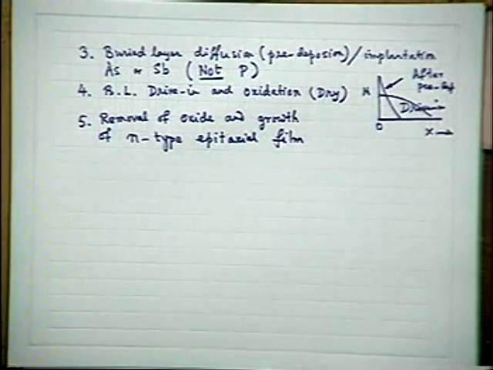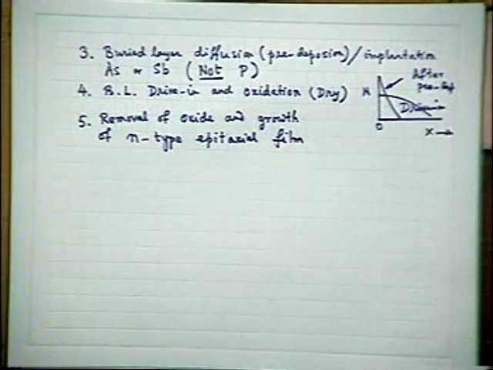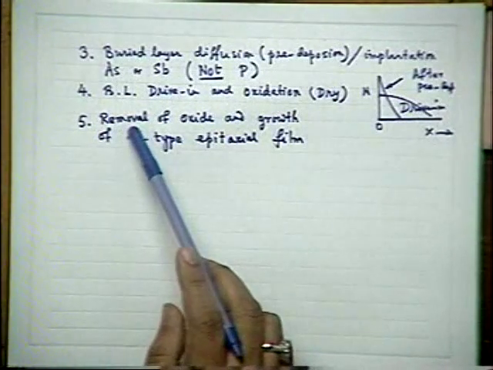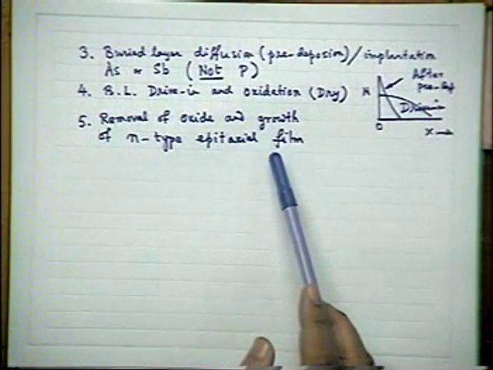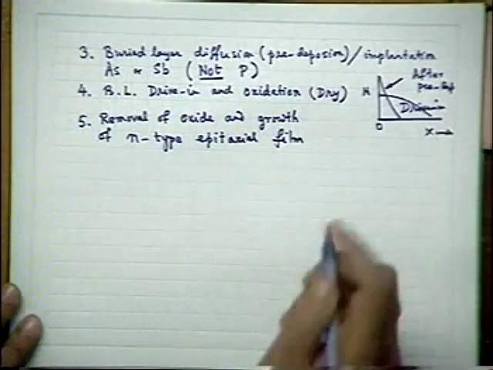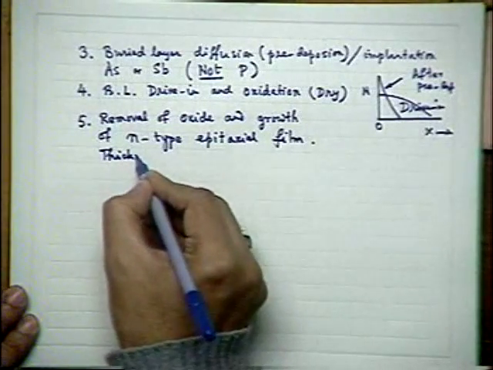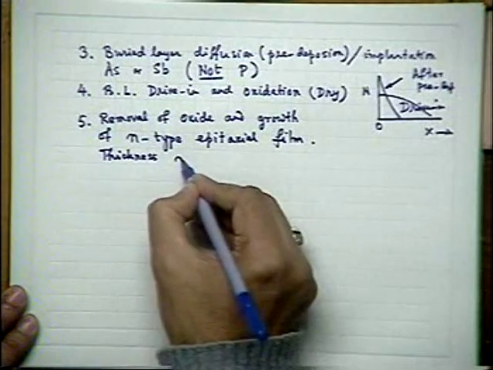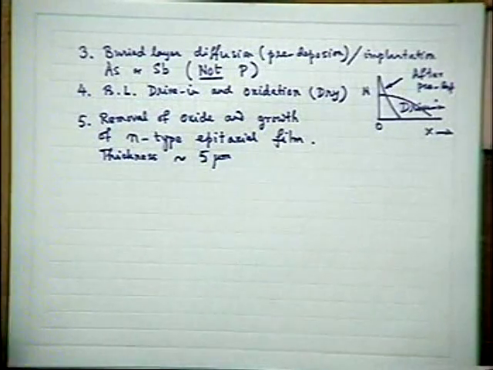So the fifth step is removal of the oxide which was created during the buried layer drive-in diffusion. That oxide is removed and an N-type epitaxial film is grown. Typical thickness is around 5 micron, but it may be more than 5 micron and substantially less.